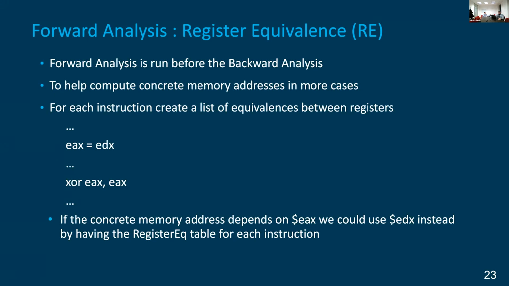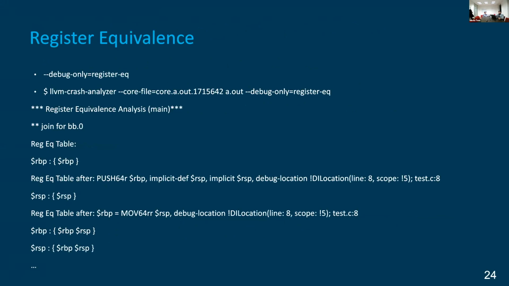But by having a register equivalence table, we would potentially have another register for which we know that EAX is equal to, so we would be using that value instead, which is EDX for this example, and we would be able to taint the concrete memory address if it depends on EAX. So this is an example of how such a table looks like for those two instructions.